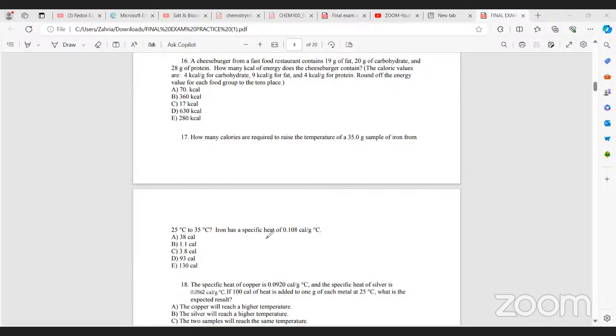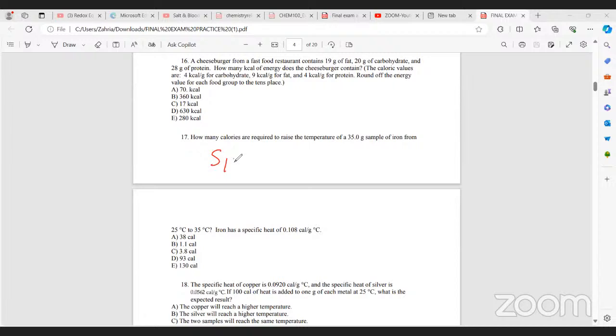And again, this is for specific heat. I'm going to write it on the screen, and you all can screenshot it so you will know what the formula is. And you can also say calories as well.